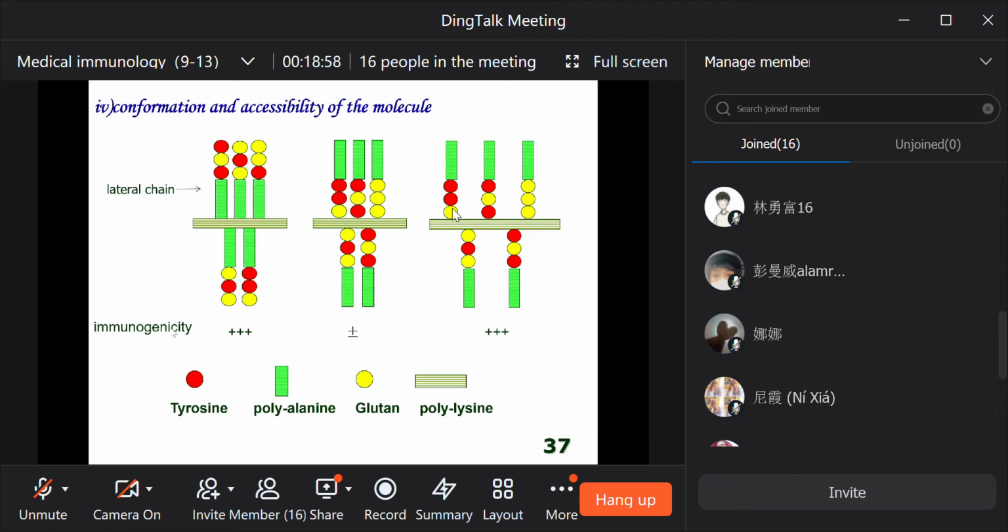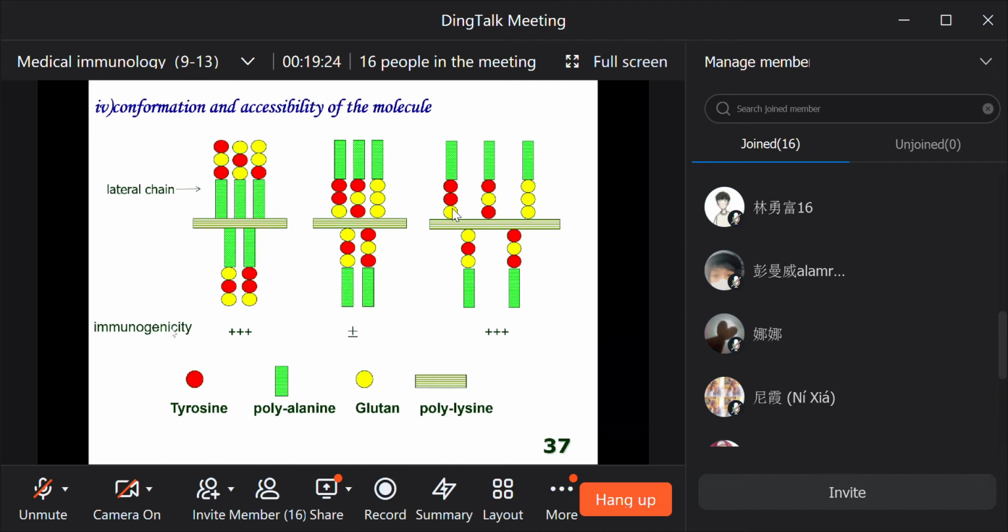So even though the middle substance and the right substance have a similar structure, the right substance has a far distance between the lateral chains. It's also easy for the immune system to recognize it.